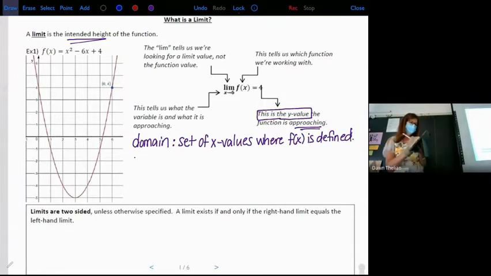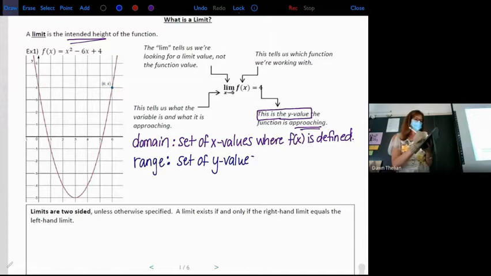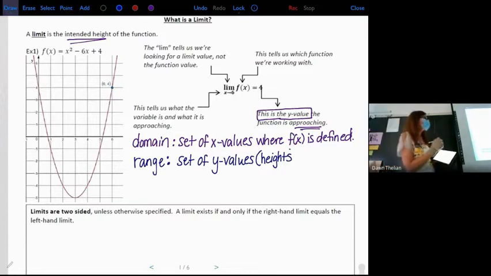And then the range is going to be your set of y values, or in other words, the heights that you achieve. The range is the y values.